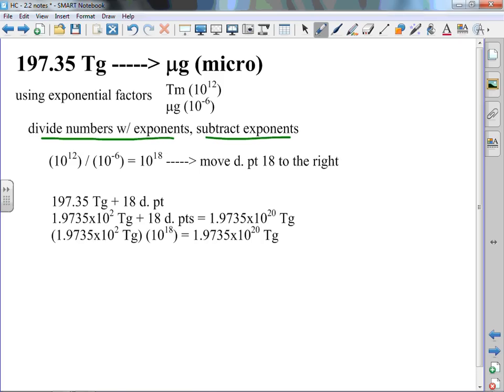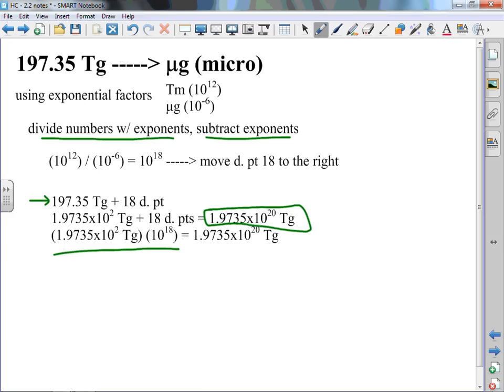So we need to move the decimal point 18 places to the right. So 197.35 teragrams plus 18 decimal places: 1.9735 times 10 to the second plus 18 decimal places becomes 1.9735 times 10 to the 20th power. Or take that original number and multiply it by that exponential factor of 10 to the 18th.